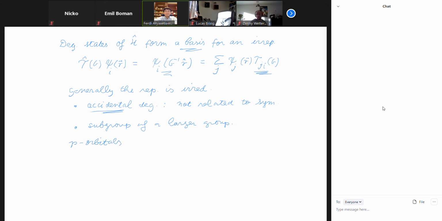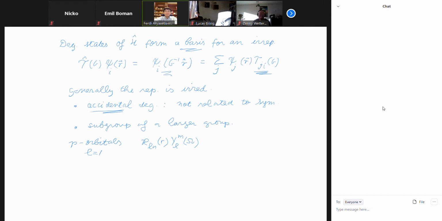So p orbitals will be functions which depend only on the radial distance times the spherical harmonics, with the m here. L here is equal to 1, it's p orbitals, and this is the angular part. So this is the spherical harmonics.